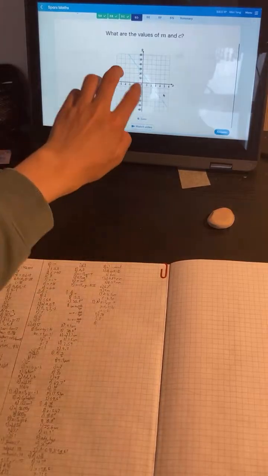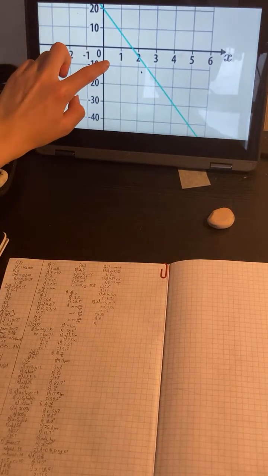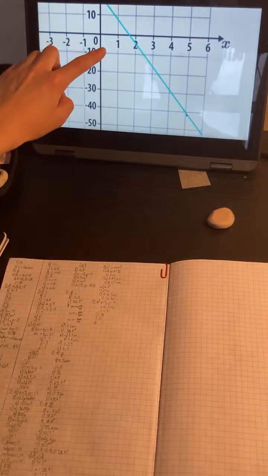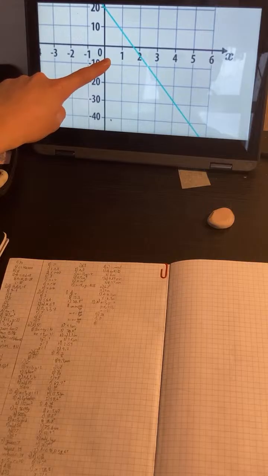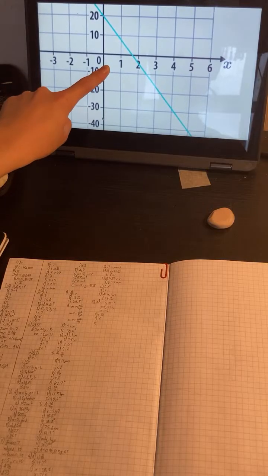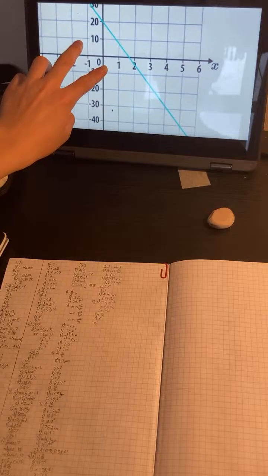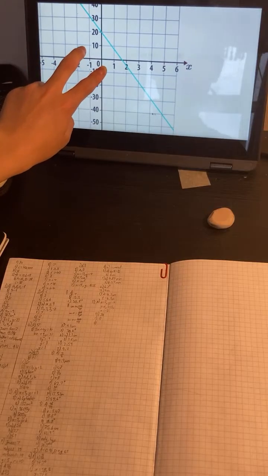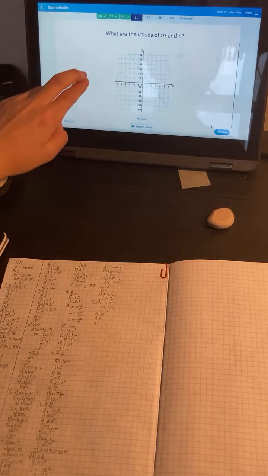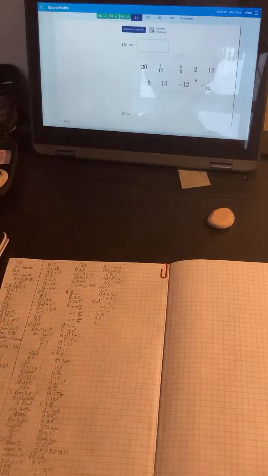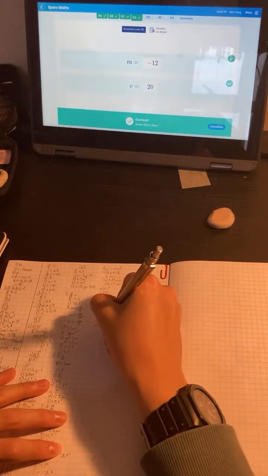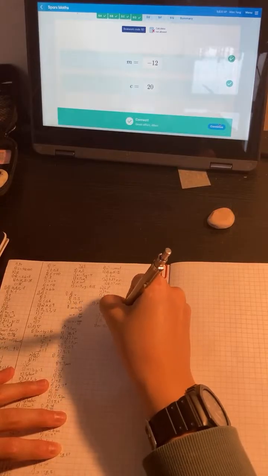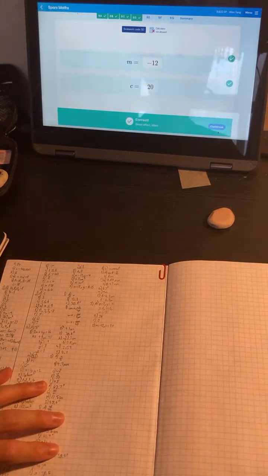No, it isn't. So that's a rise in negative 60 over 5, so that's negative 12. M is negative 12. C is positive 20. M is negative 12. C is positive 20.